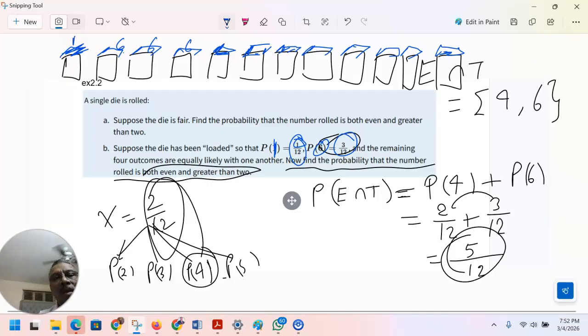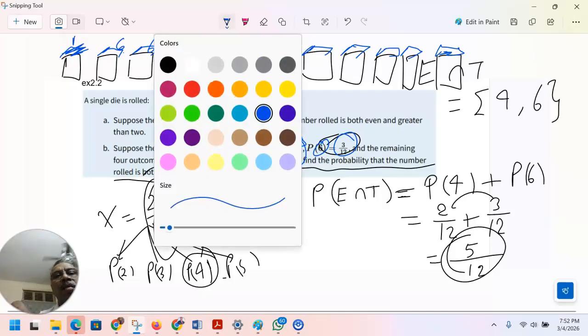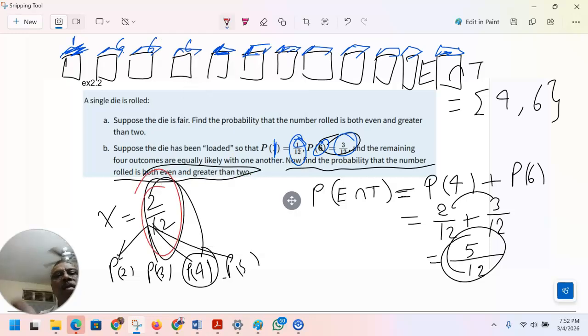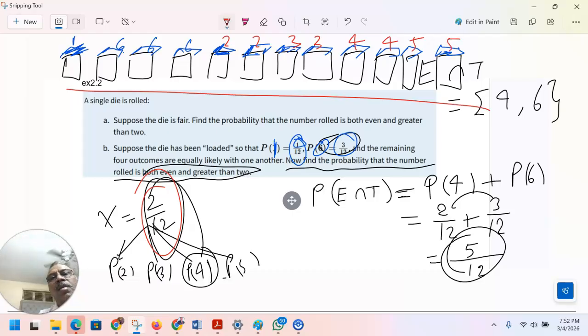And then the rest of them show up 2 times. You can see 2 is showing up 2 times, 3 is showing 2 times, 4 is showing 2 times, 5 is showing 5. That's all it means. So when you do this, what are the chances that it is even and intersection?